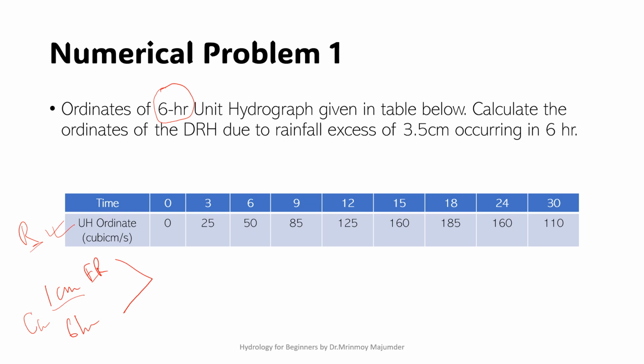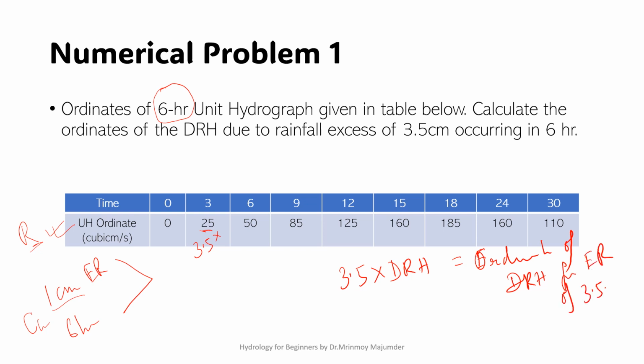It's very easy. Just multiply 3.5 into the ordinate of DRH. 3.5 into the unit hydrograph will give you the ordinate of DRH for excess rainfall of 3.5 centimeters.